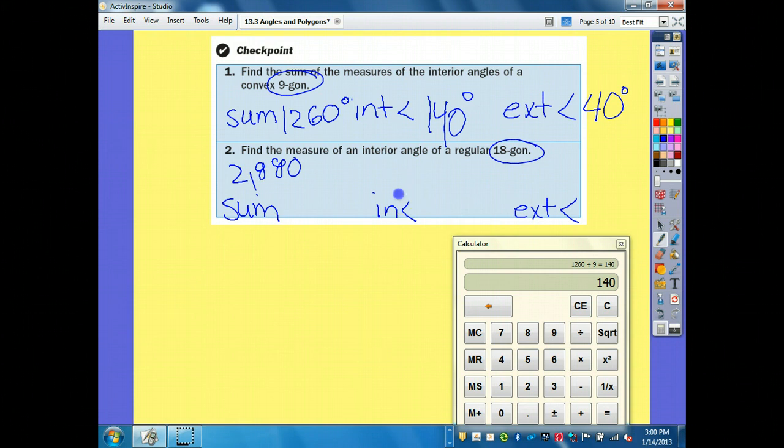Pick a girl. Okay, and a boy for the exterior angle. Excellent, thank you.